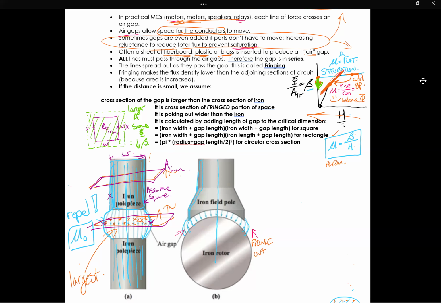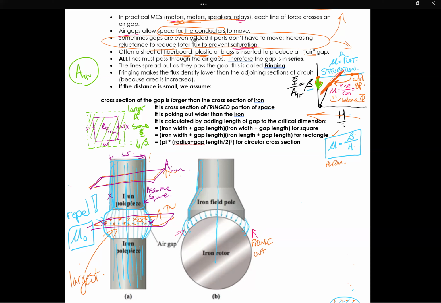Why does this matter? This matters for a few reasons, because we know we take cross-sectional area all the time and we stick that in some calculations, don't we? We stick that in our reluctance calculations and our permeance calculations, which is 1 over reluctance.